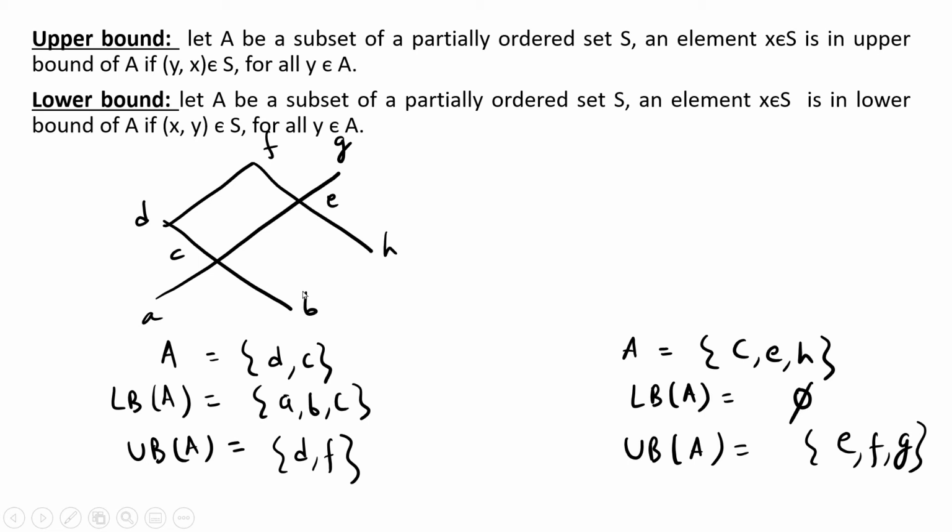Then let's check for B. B is related with C, then E also, but B is not related with H because there is a direction from H to E. There is no relation from E to H. So that's why B is not related with H. So A and B are not in the lower bound. So there is no element which is in the lower bound of {C, E, H}.